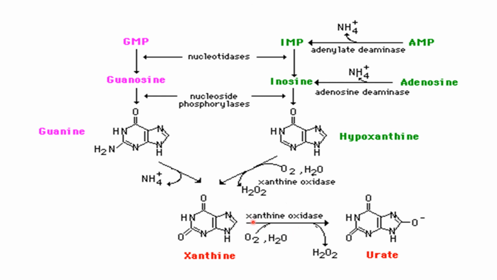Then xanthine oxidase, a monooxygenase, acts again on the xanthine, adds an oxo group, and converts xanthine to uric acid or urate. AMP and GMP are thus converted to uric acid, which is excreted from the body through urine and feces.